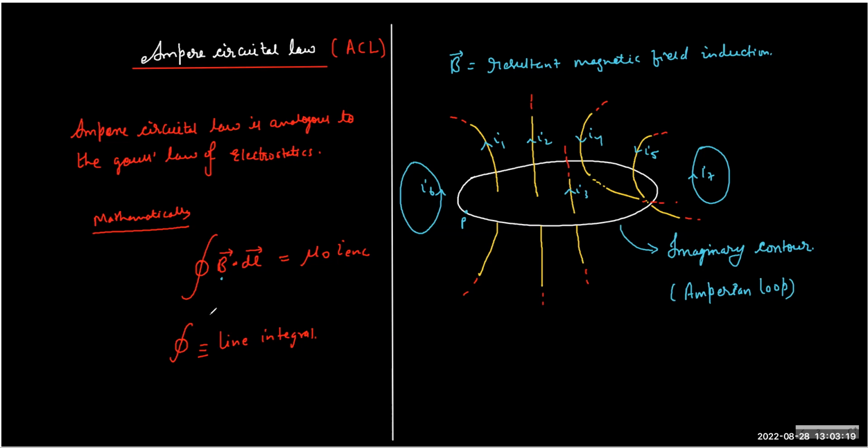Sir, when you said all the currents are contributing to the field, they are contributing to the field, but not to the flux. Do you remember the field and flux relation? Sir, I'm not really conceptually understanding it.